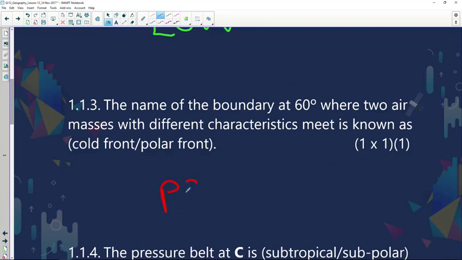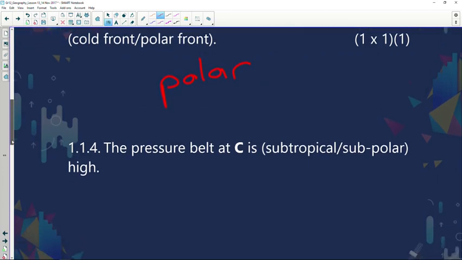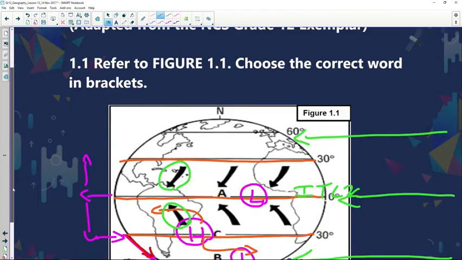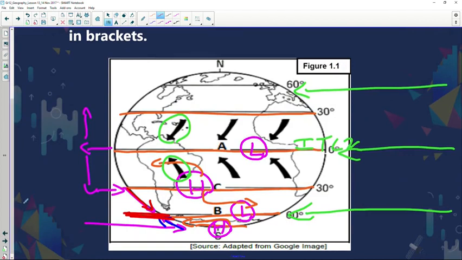Let's quickly fold that in. The pressure belt at C is the subtropical or the subpolar high pressure belt. Let's quickly have a look at C. Where do we find C? Situated over there. This is the subtropical high pressure belt.